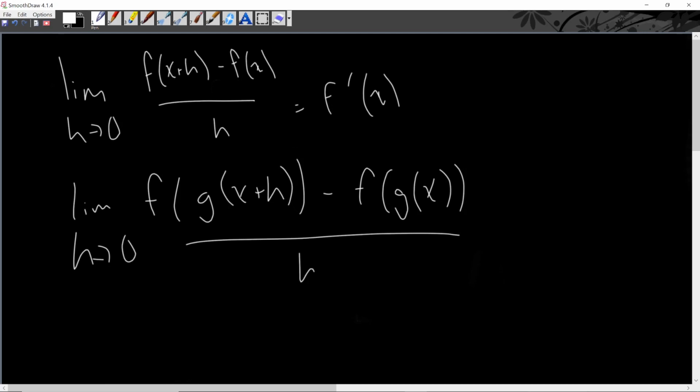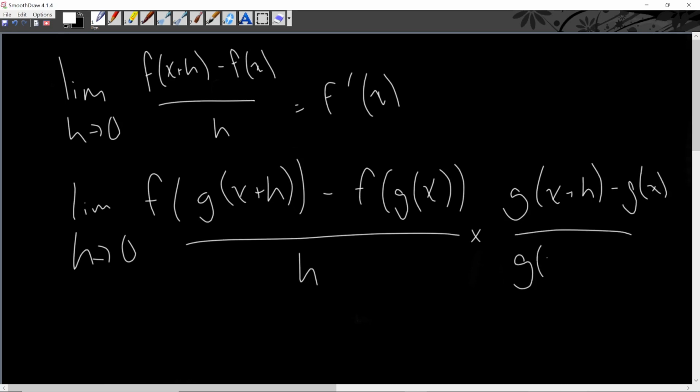all over h. And now we're going to multiply this by g of x plus h minus g of x all over g of x plus h minus g of x. You might be wondering why we did this. It's not so that we can cancel out this g of x plus h with that g of x plus h and this g of x with that g of x, but so that we can take this h out and then convert this g of x plus h minus g of x into a form that we've seen before.